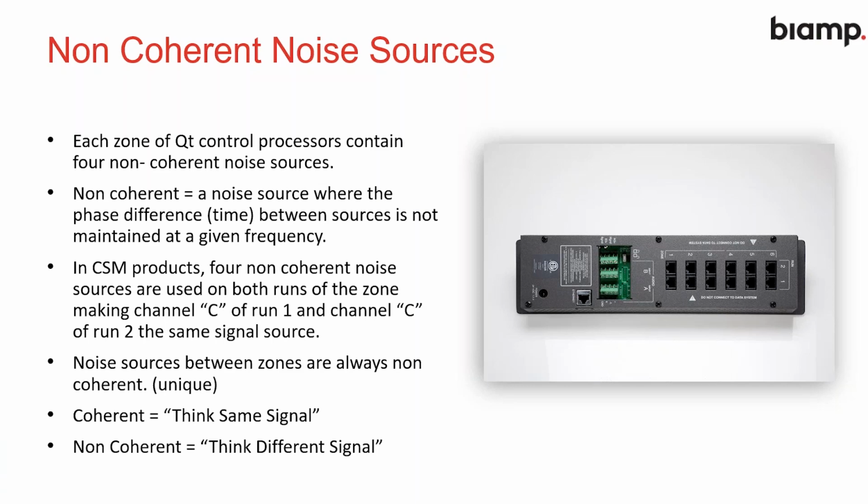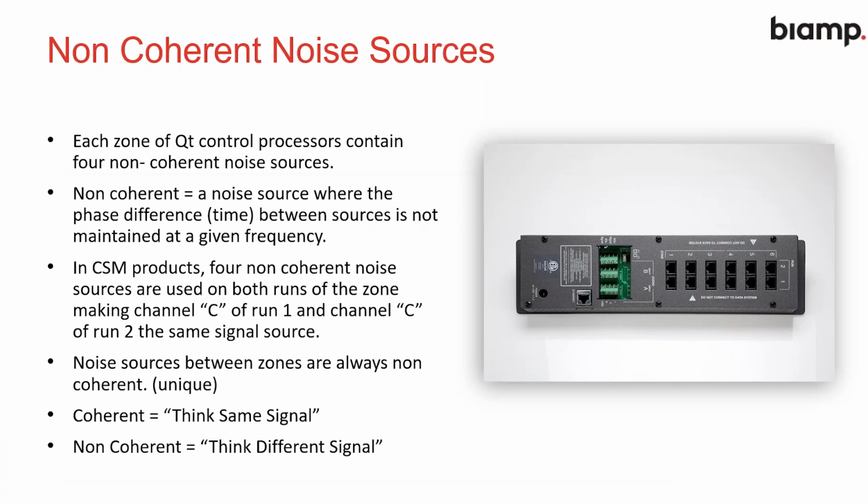And there's a very good reason for this. It is so that we avoid something called comb filtering, where you have speakers on the same cable run. So our sources are non-coherent, which is a different signal.